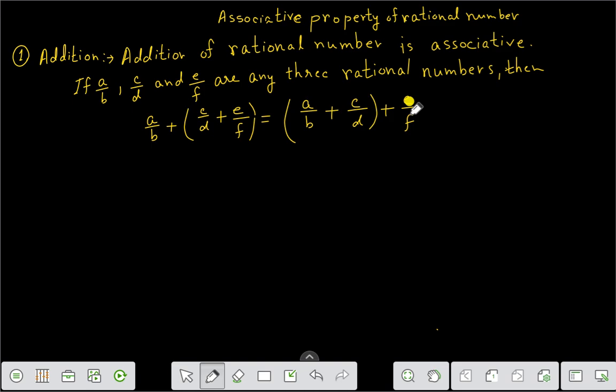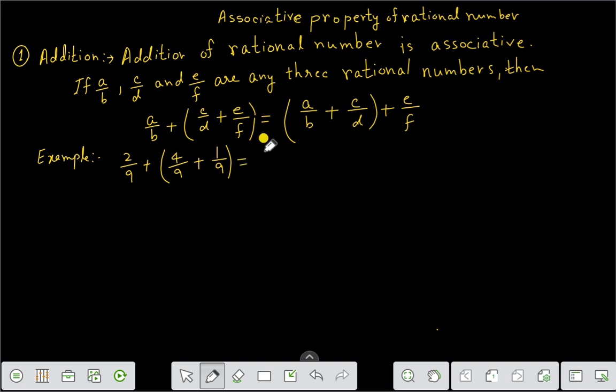Let us take one example. Let us take a rational number a by b, that is 2 by 9, plus another rational number, that is 4 by 9, plus 1 by 9.